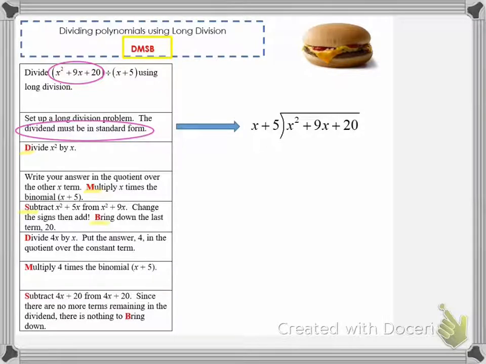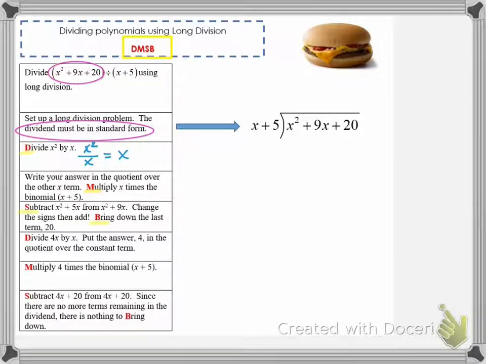All right, so now I'm coming to my first D of DMSB. I'm supposed to divide x squared by x. When you remember learning about your properties of exponents, if I had x squared over x, that would just equal x. Another way to think about this is, what do I multiply x by in order to arrive at x squared?